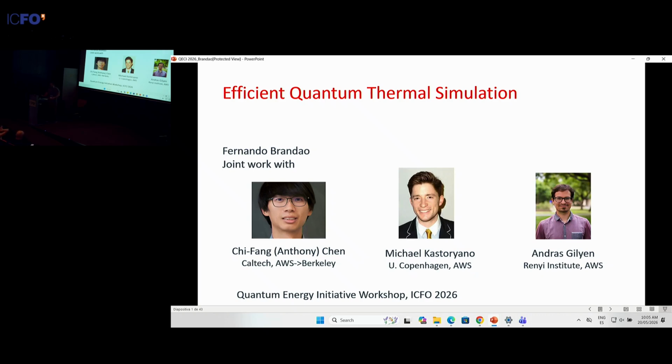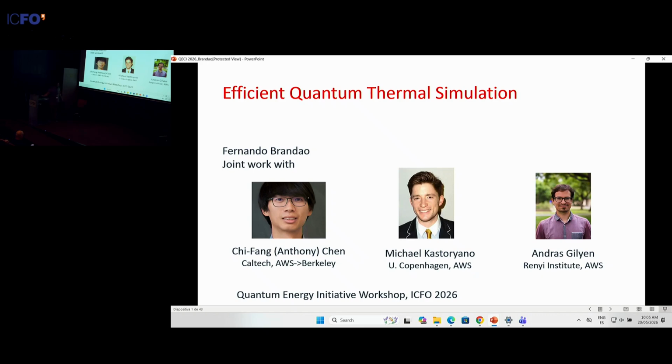The talk I want to give is about some of these ideas: how we might use quantum computers to learn more about developing new ways to store and produce energy, but more generally how we can use quantum computers to simulate physics, and in particular thermal physics in this talk.